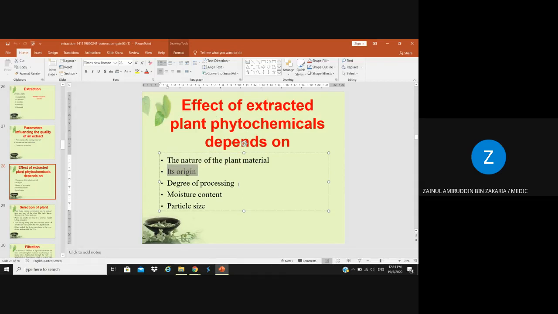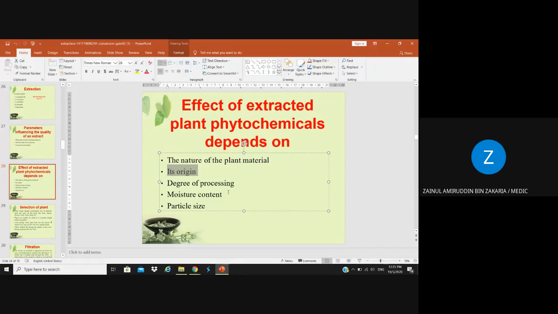Okay, degree of processing, whether there is use of extreme heat or too long extraction, whether this will denature the phytochemicals or reduce the extraction of targeted phytochemicals, and then the moisture content.